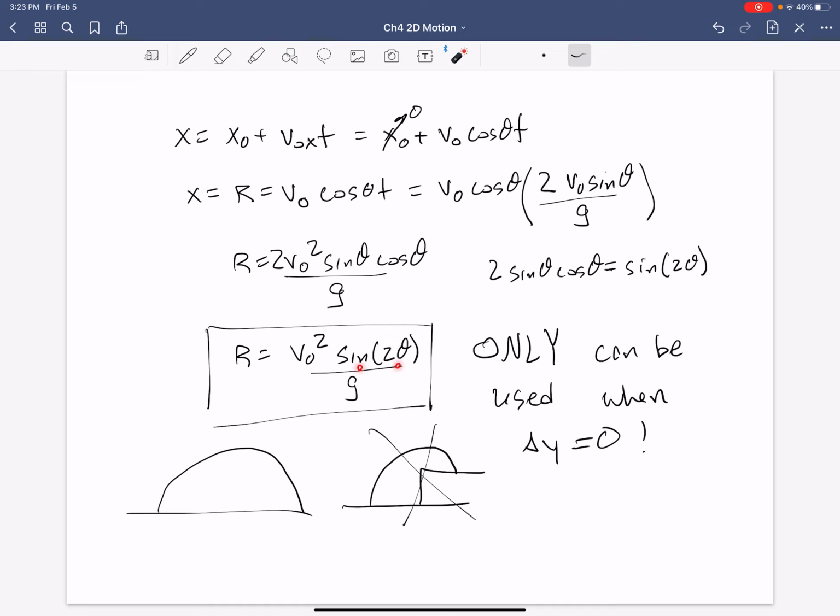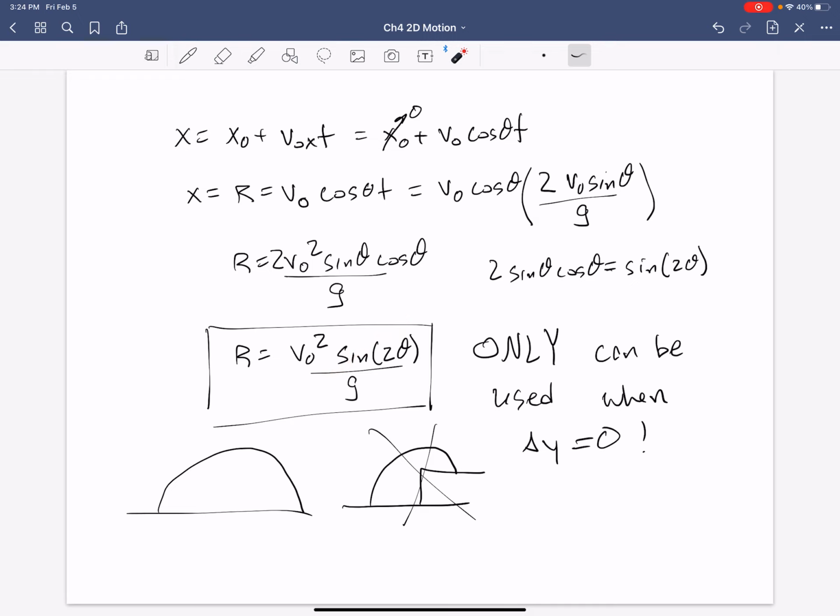Because sine of 2 times 45, sine of 90, is 1. So the maximum range would be v naught squared over g when theta is 45. Okay. The minimum range is when theta is 90. Because sine of 2 times 90 is sine of 180. Sine of 180 is 0, and the whole range is 0.